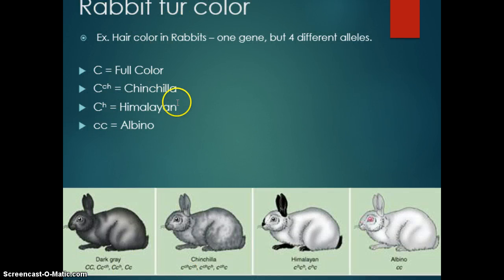So we can't just look at the colors and say, oh yeah, this is either black or this is brown. When we look at the hair color in rabbits, a dark gray can have all of these different ones. A chinchilla can have all of these different alleles. Himalayan, albino. So sometimes there are multiple alleles that have to be involved before we can get the color.